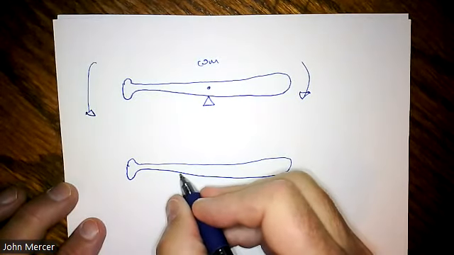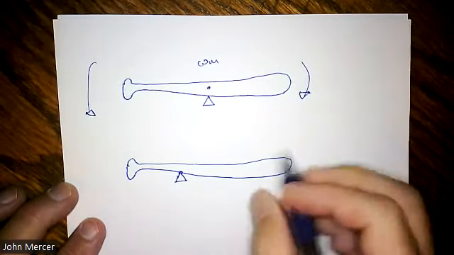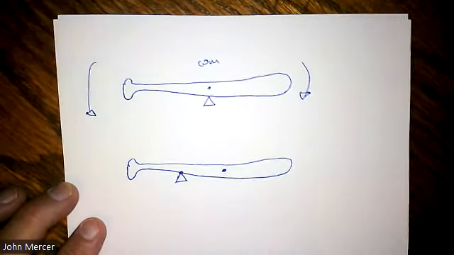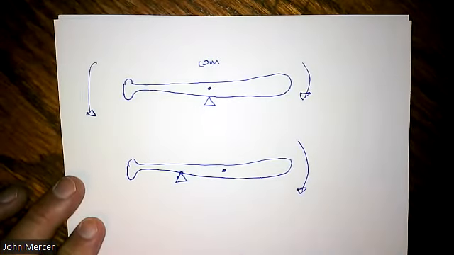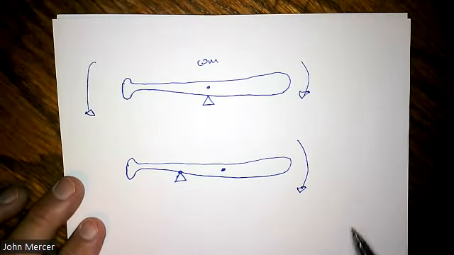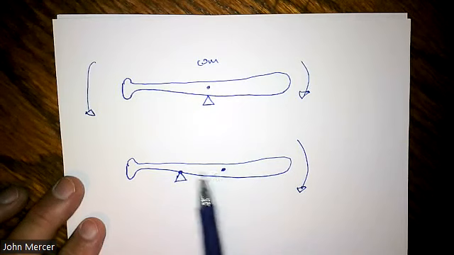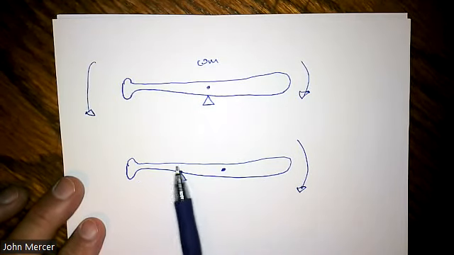If I put the fulcrum over here, and my center of mass seems more drawn out here, it's logical that this object is going to rotate in this direction around that axis. Why? Because there's going to be more mass on this side of the fulcrum than on this side.